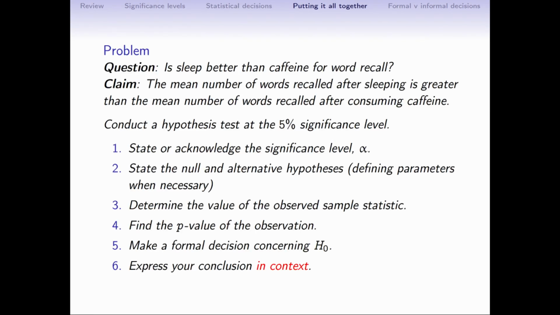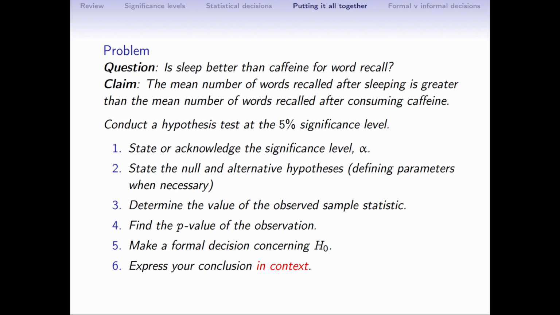For our first example, we're going to return to the example we studied at the beginning of this section. The question there was, is sleep better than caffeine for word recall? Now, our investigator believes that sleep is better than caffeine, and she wants to demonstrate that. So her claim is that the mean number of words recalled after sleeping is greater than the mean number of words recalled after consuming caffeine.